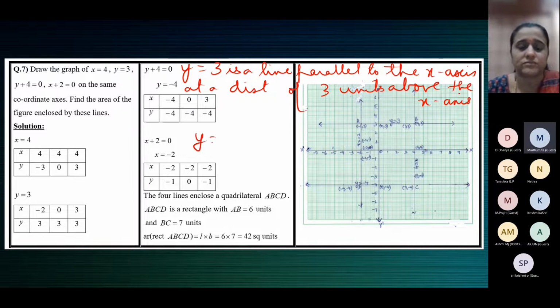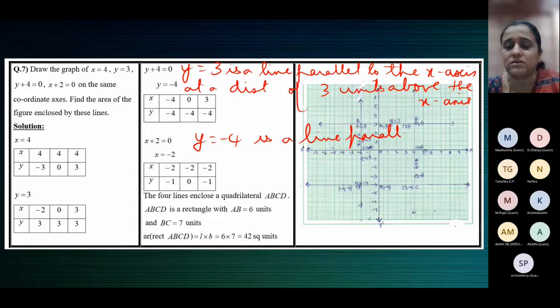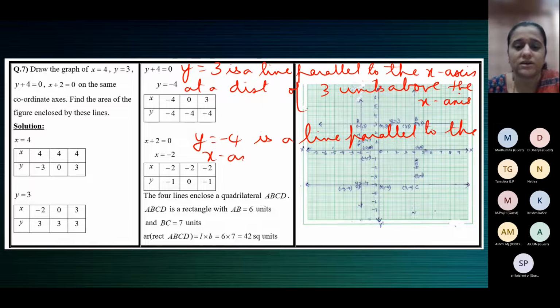Madhumita: Yes, ma'am. Y is equal to -4 is a line parallel to the x-axis at a distance of 4 units below the x-axis. Very good. Y is equal to -4 is a line parallel to the x-axis at a distance of 4 units.